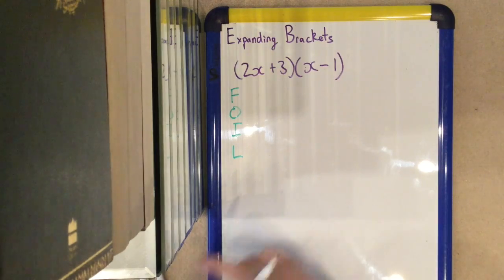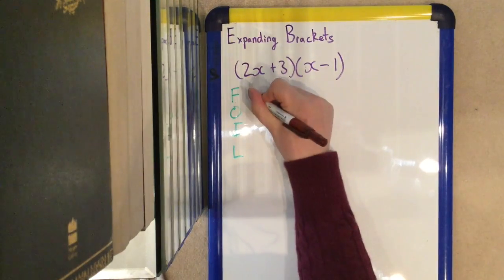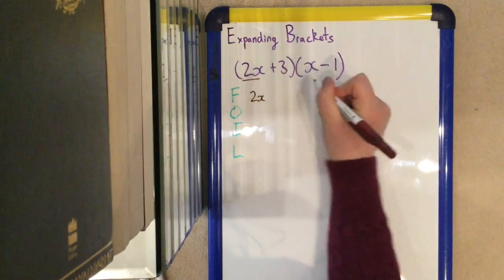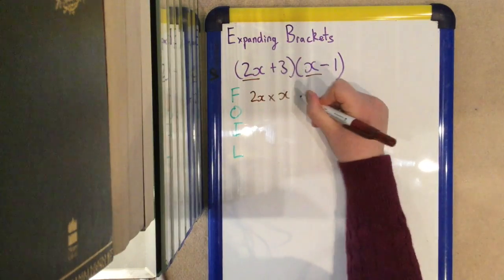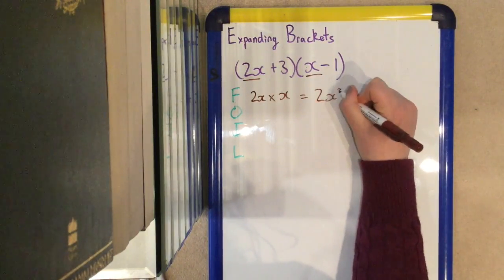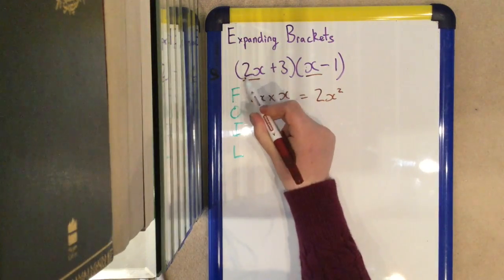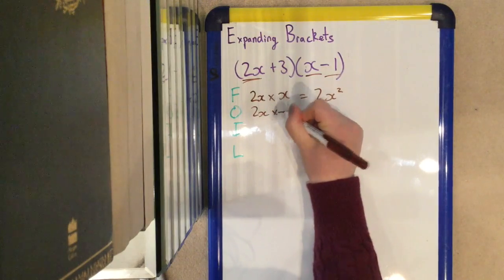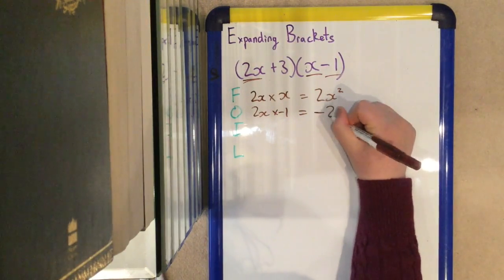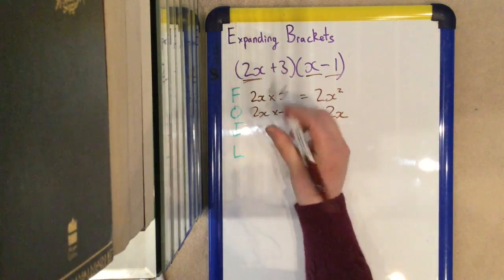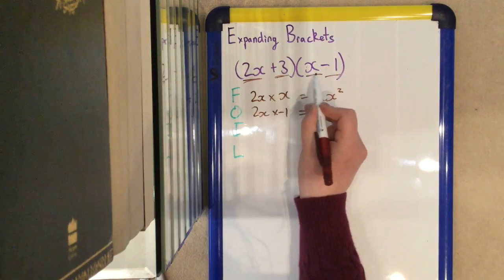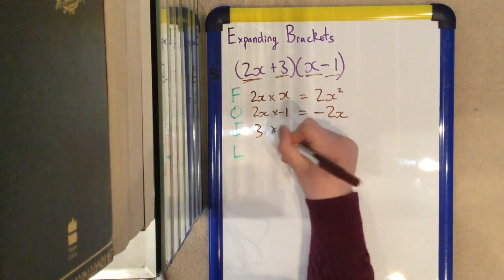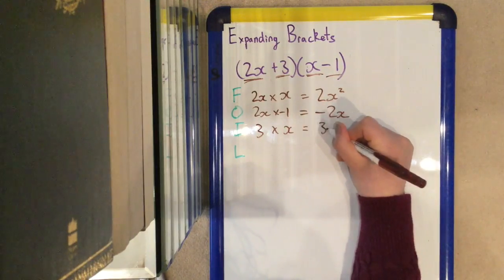So, my first 2 terms are 2x times x, which gets me 2x squared. My outsides are 2x times minus 1, which gets me minus 2x. My inside terms are a 3 here and this x, so it's 3 times x, which gets me 3x.